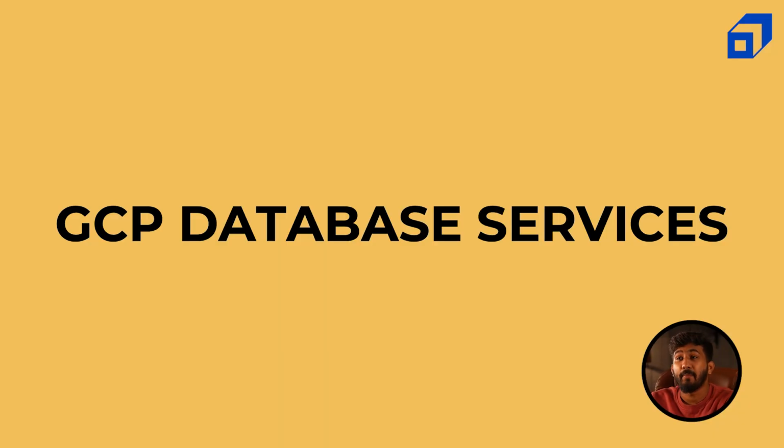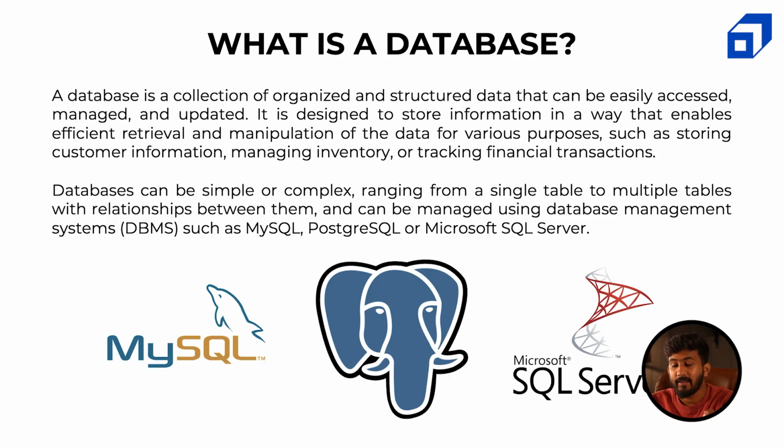So, GCP database services. Let's get started and understand what exactly a database is. A database is a collection of organized and structured data that can be easily accessed. Again, it doesn't exactly have to be structured all the time. Relational databases have structured data stored in them. And, for example, NoSQL databases like MongoDB have different formats of data.